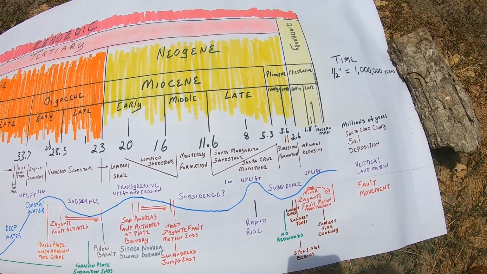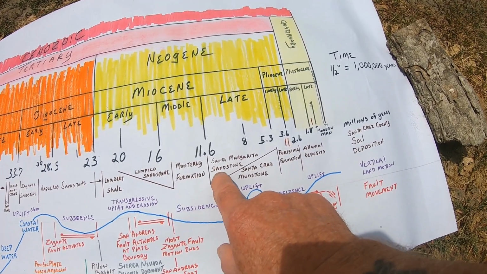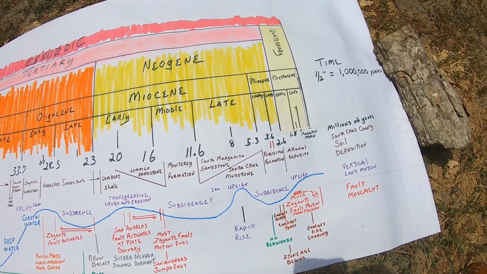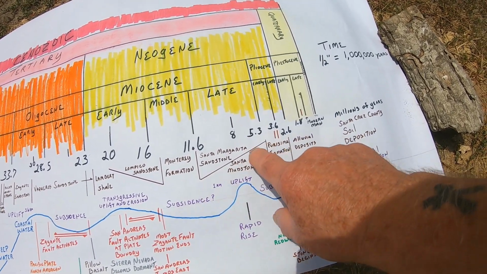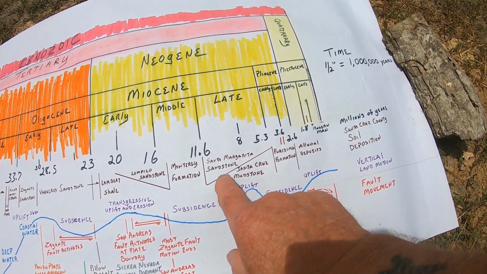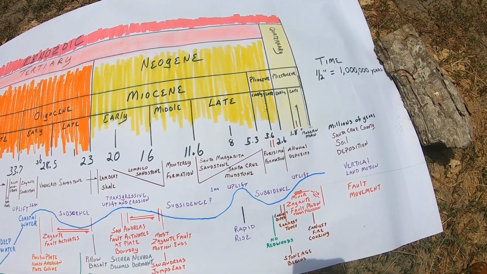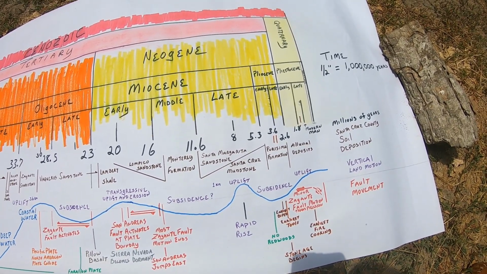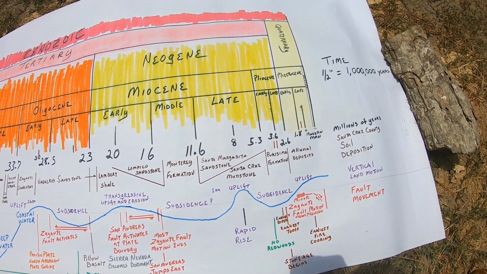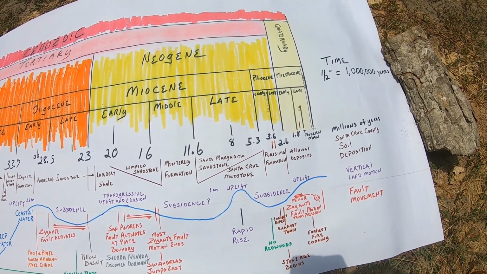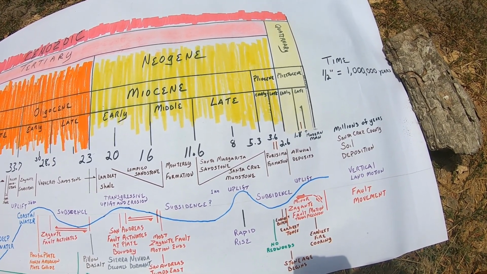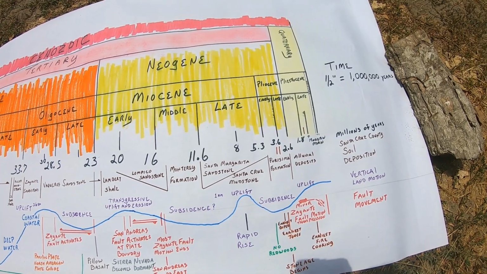So I think I'd rather go with the 11.6 to 5.3. And you can see that because of this line that in some places it overrode the Santa Cruz mudstone, and it was laid down at the same time in different thicknesses at different places, along with the Santa Cruz mudstone being laid down at different times.